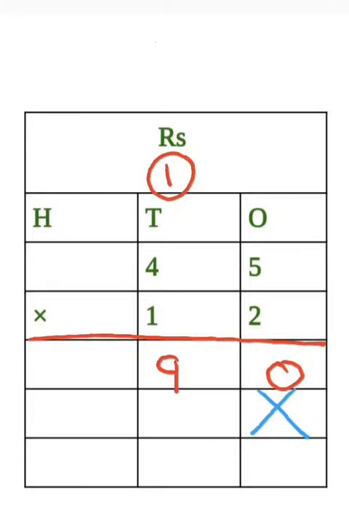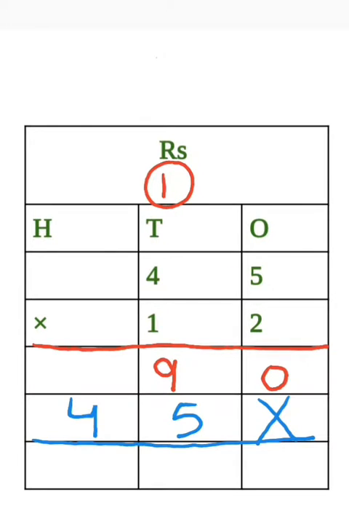Now we will multiply 1 by 5. So 1 five is 5. So we will write 5 in the tens column. Now we will multiply 1 by 4. So 1 four is 4. So we will write 4 in the hundreds column.